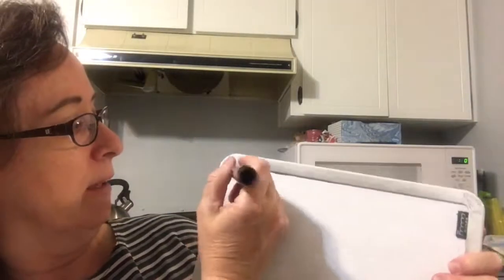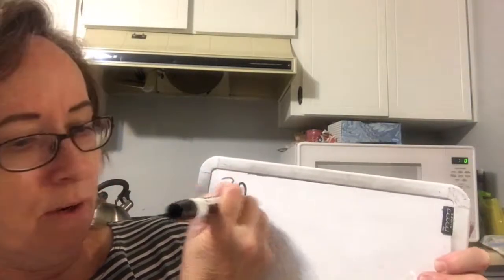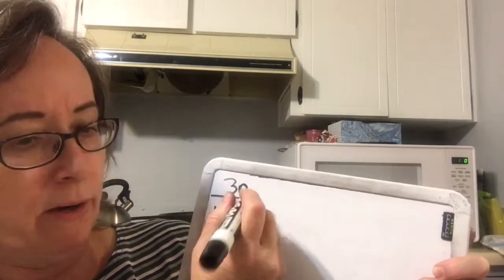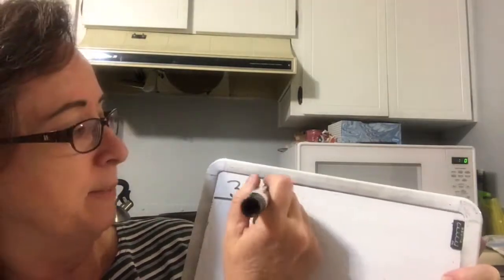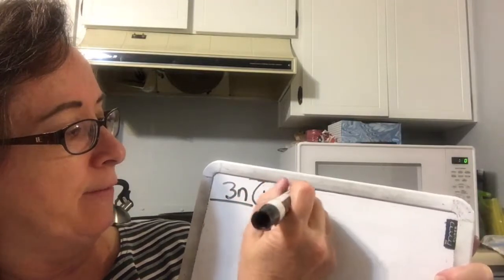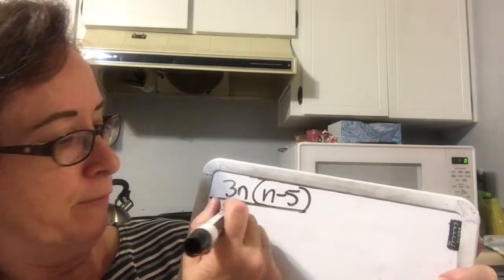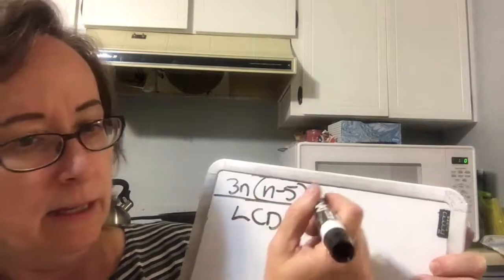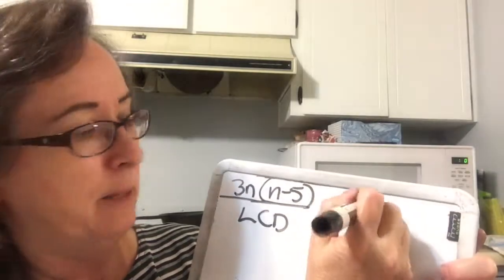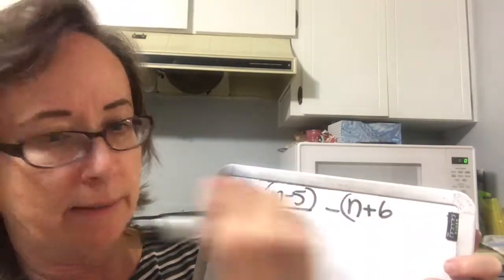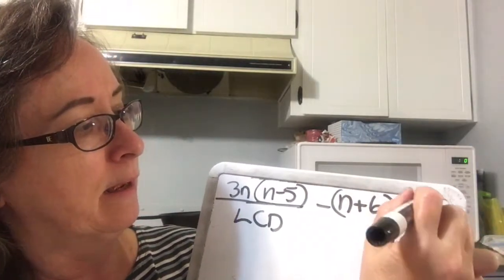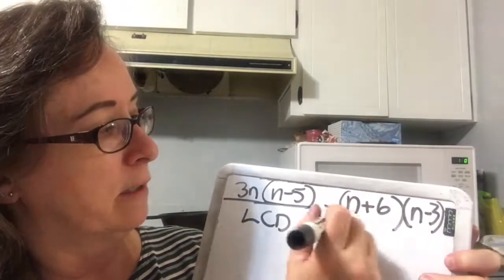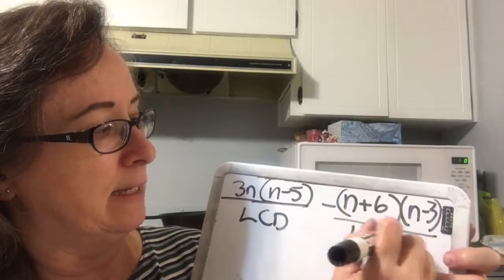Okay, so now I've got 3n over n squared, times n minus 5 over the LCD, minus n plus 6, n minus 3 over the LCD.